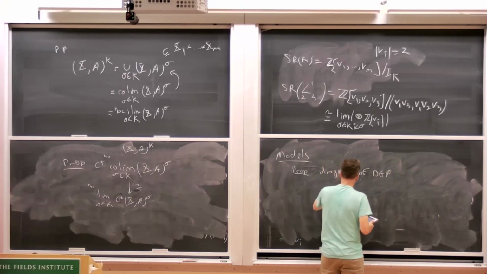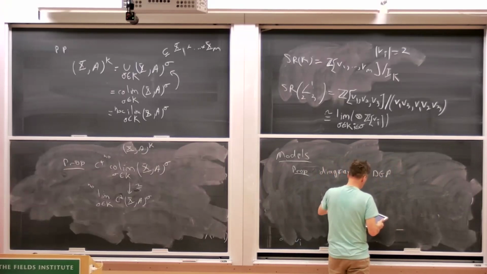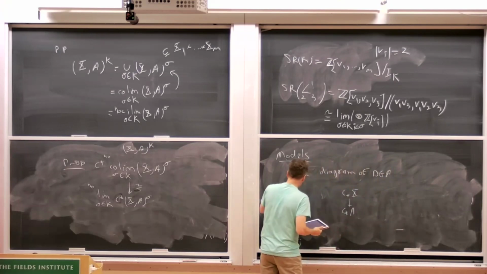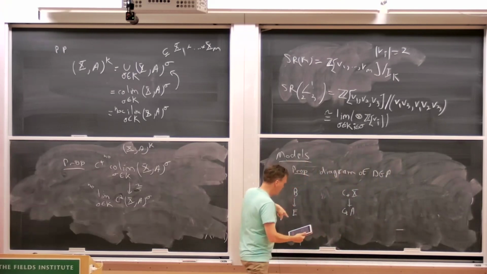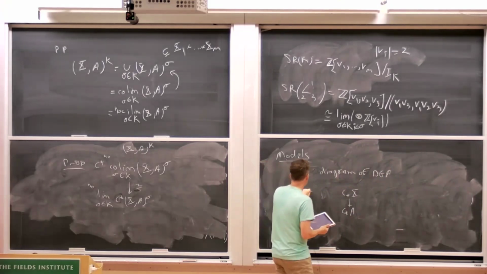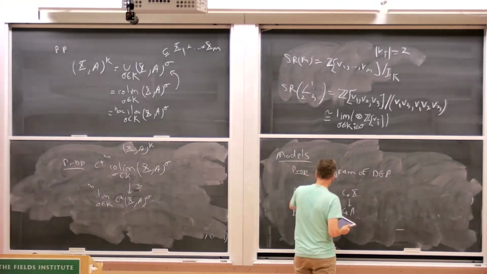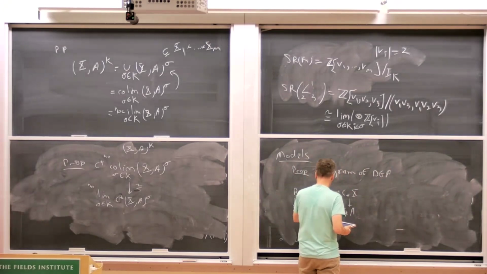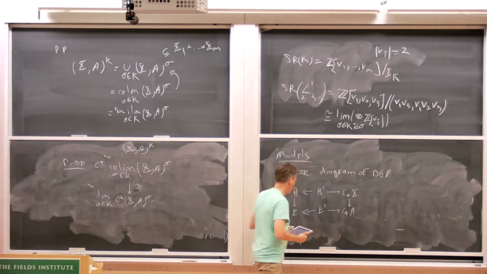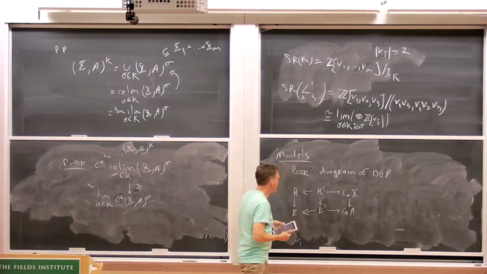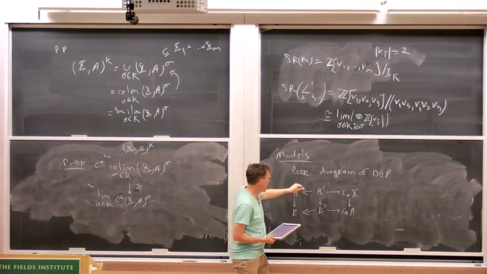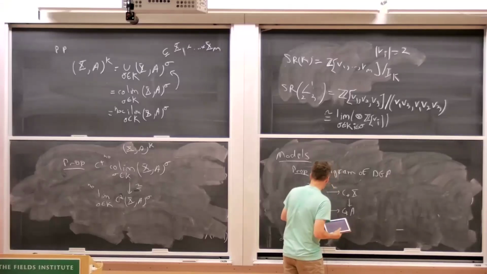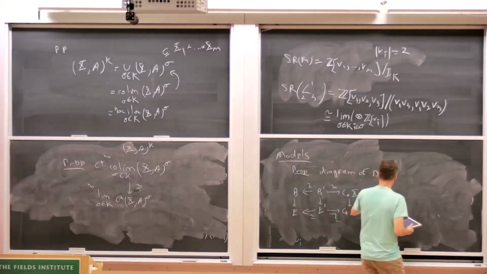First we have C star of X and C star of A, and then we want to compare that to some other DGAs, B and E, and then you have something that sits in between, like this. And then you need some other conditions: all of the horizontal maps are weak equivalences.